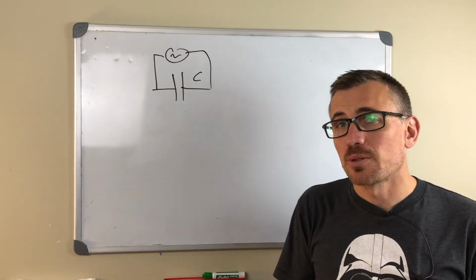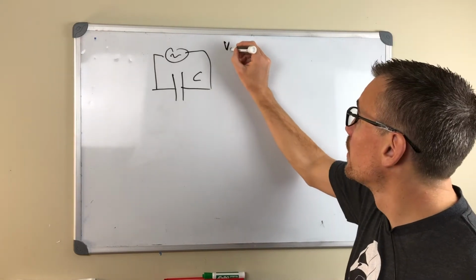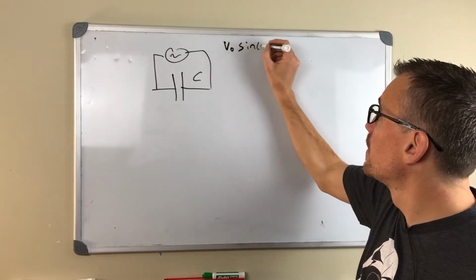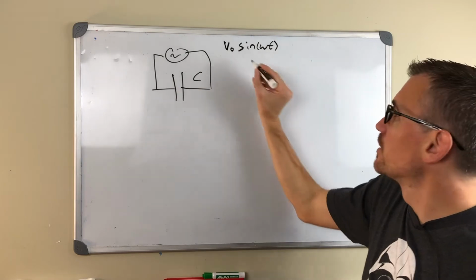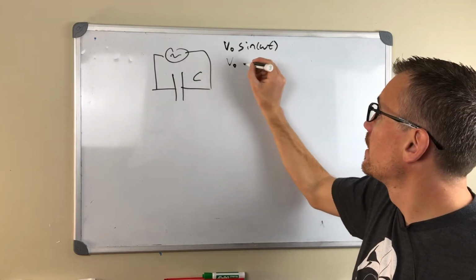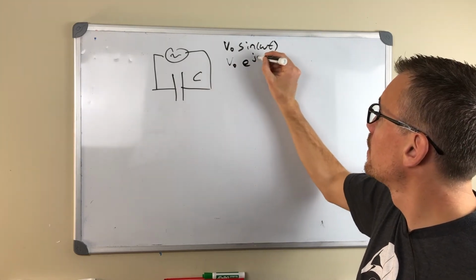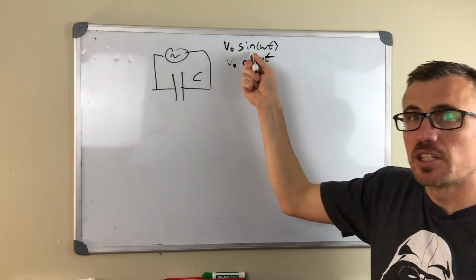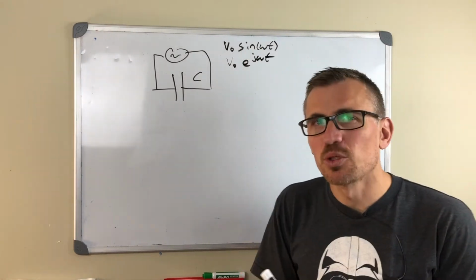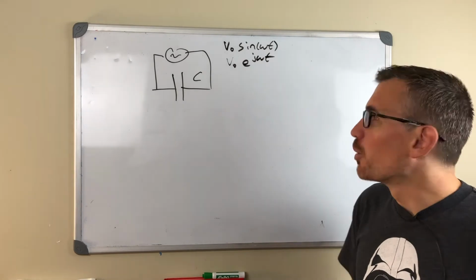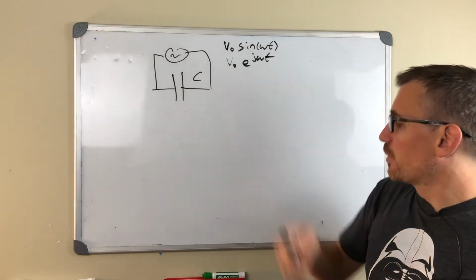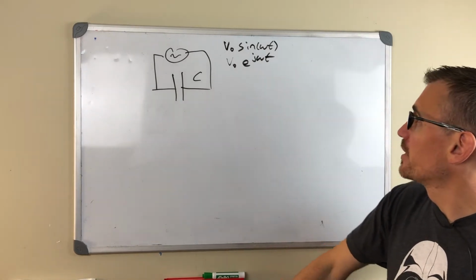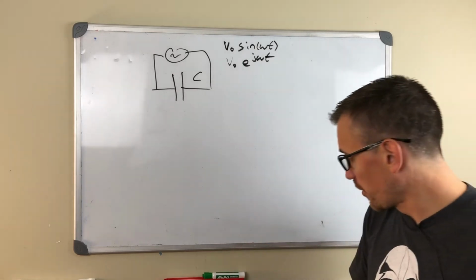In this course we're going to call a sine wave V0 sine omega t, maybe with some phase, or we might call it V0 e to the j omega t. We'll do both today, just so we're all comfortable with it. But first we're going to drive it with V0 e to the j omega t, and ask: what is the current?